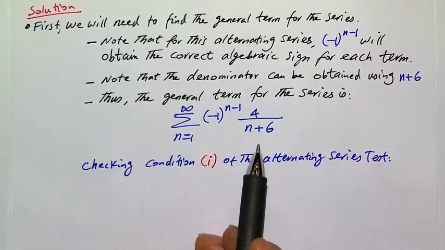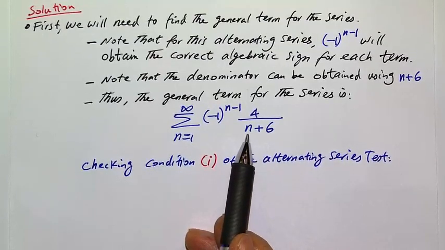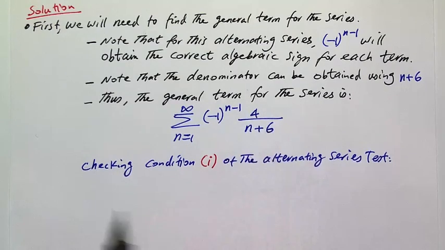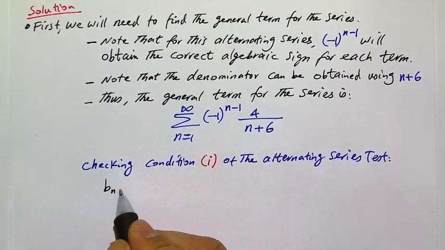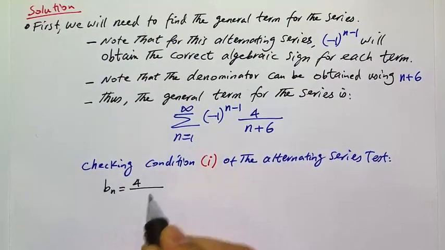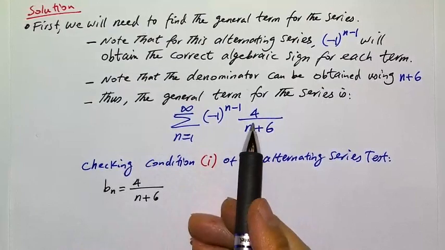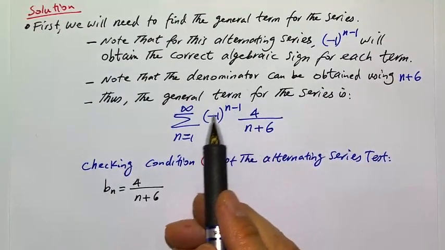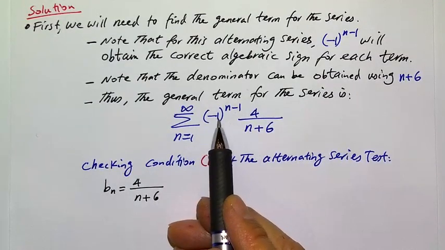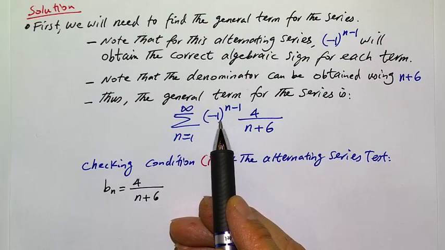So we can see that for increasing values of n, this bn, so note that bn's are equal to 4 divided by n plus 6. These are the bn's. This will create the alternating algebraic signs.